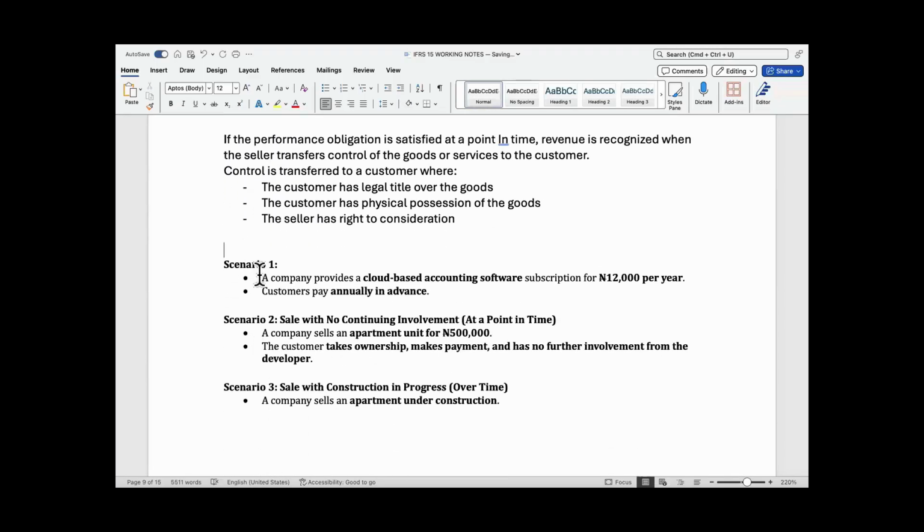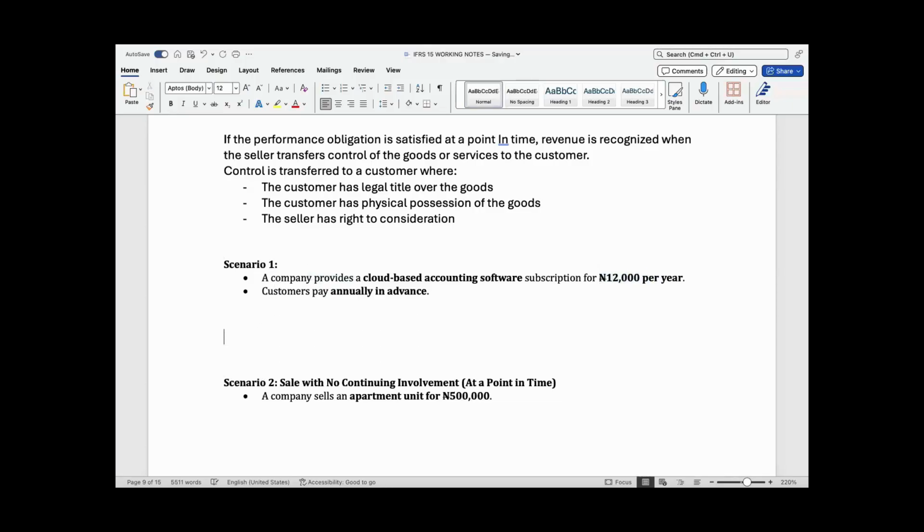So they said a customer provides a cloud-based accounting software subscription for 12,000 naira per year, and the customer pays annually in advance.